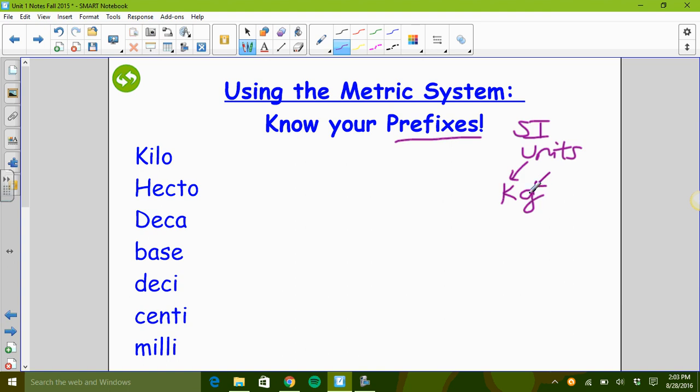So gram is talking about mass and kilo is just the prefix in front of that unit. So some of you guys maybe took biology and you heard King Henry died by drinking chocolate milk. So King, K, Henry, H, died, Deca, by drinking chocolate milk. And so that's the easy, cheesy way to remember the order of the prefixes.